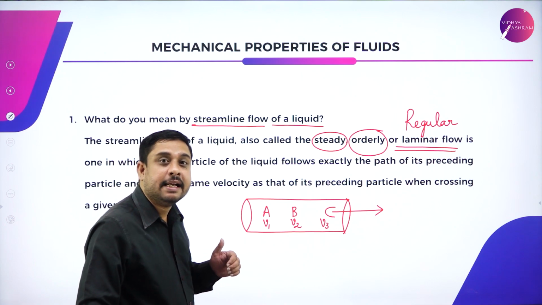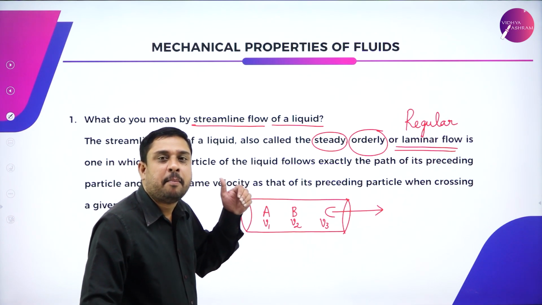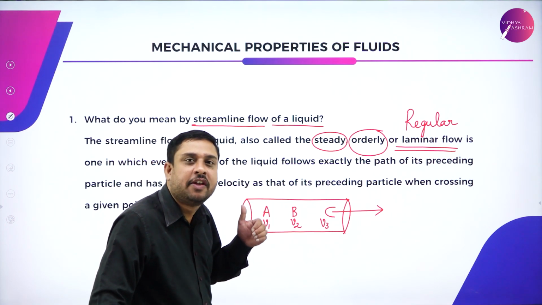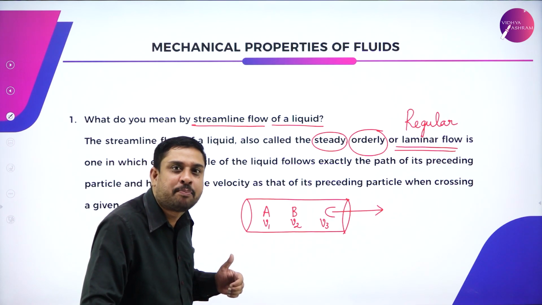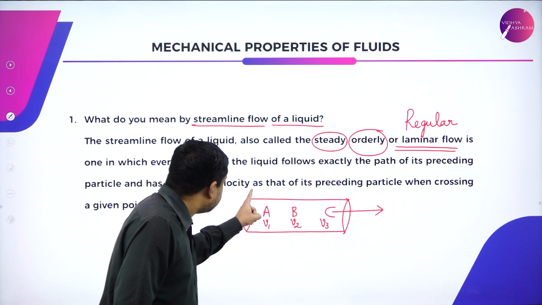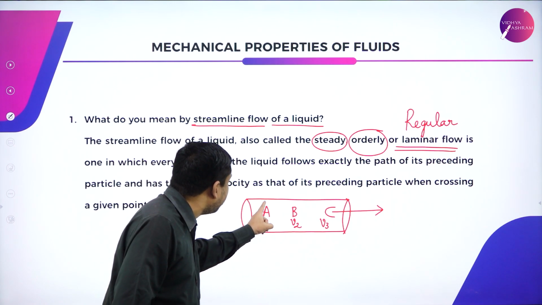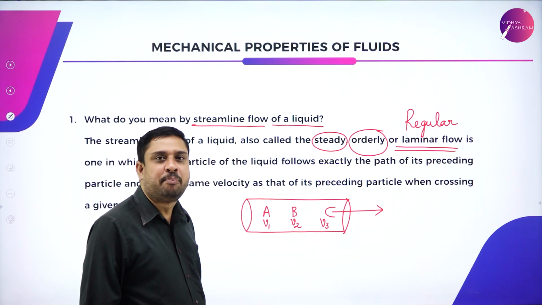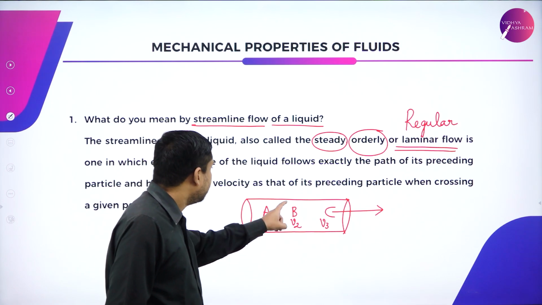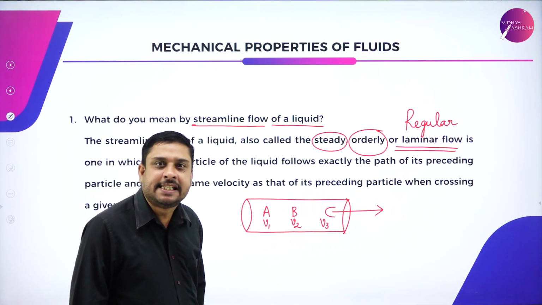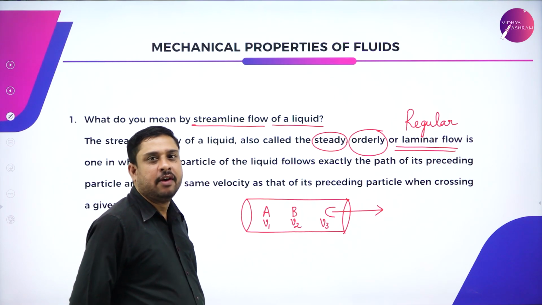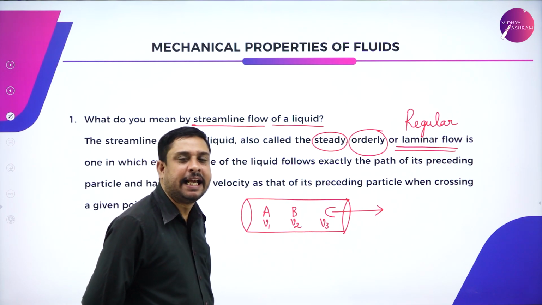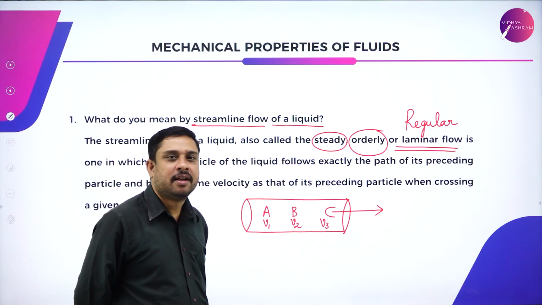Now, the second particle of the fluid enters the pipe with the same velocity v1 at the point A, velocity v2 at the point B, velocity v3 at the point C.